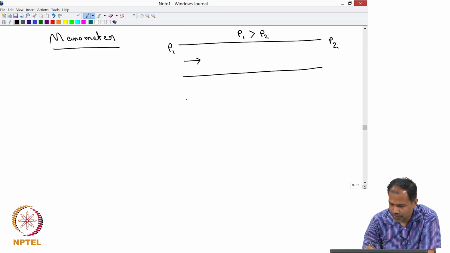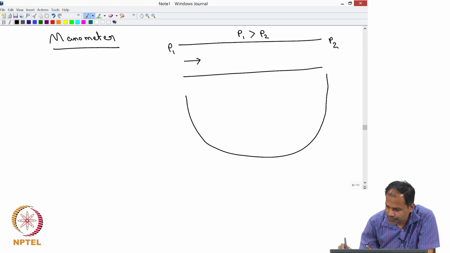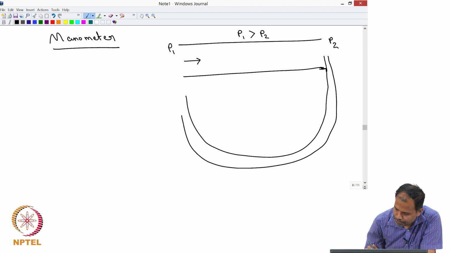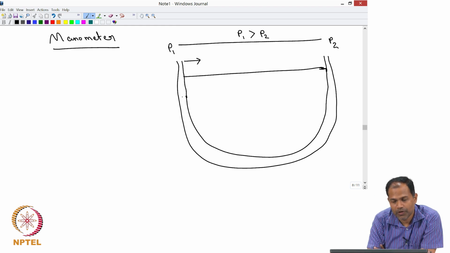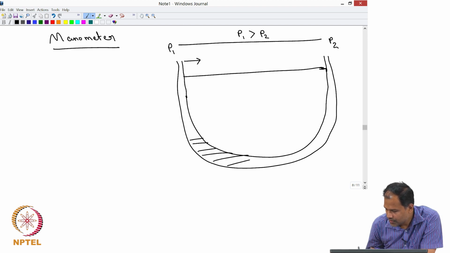So, let me draw a manometer. I will draw a U-tube manometer. Let us say a big manometer, okay, and the manometer has a manometric fluid, which is as shown by the shading.